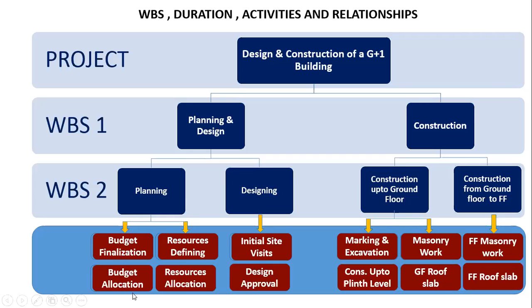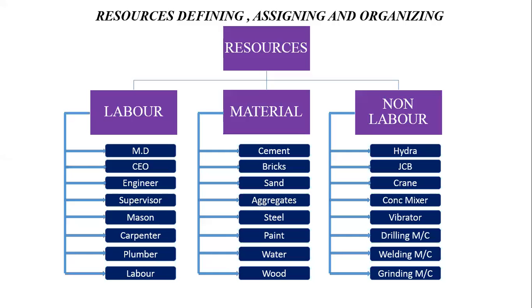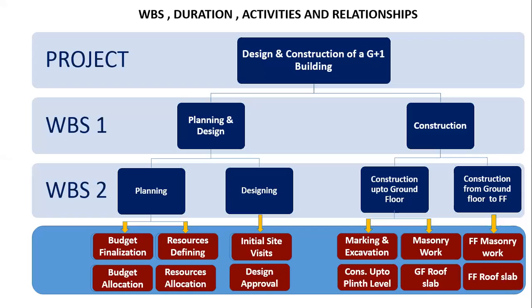Then the budget allocation comes. What is this budget allocation? This budget allocation will be done in three categories. I will show you the categories. This is labor, material, and non-labor. These are the three resources for our budget allocation.